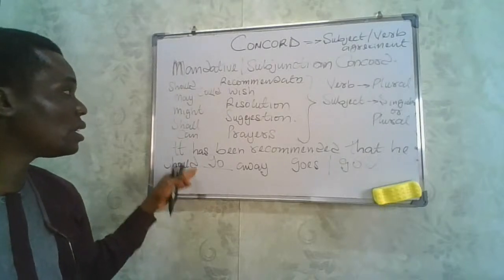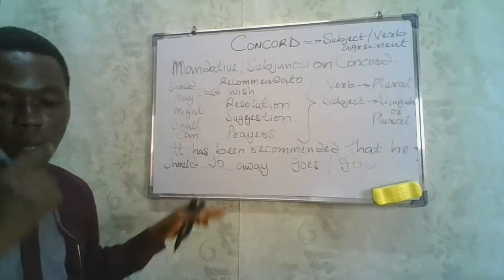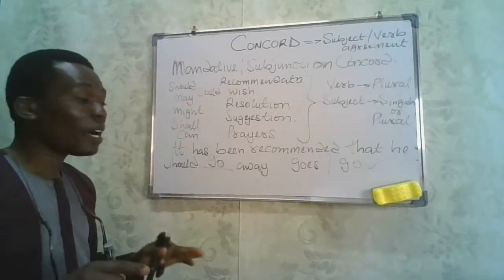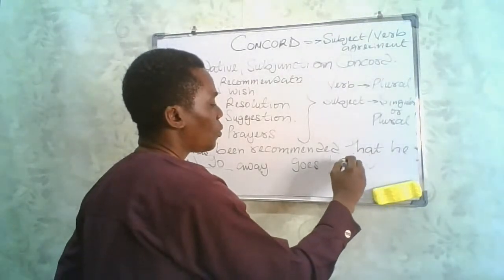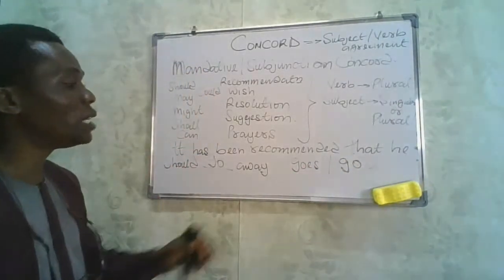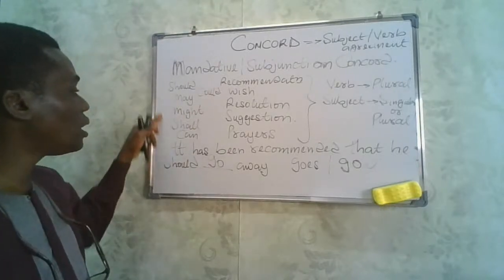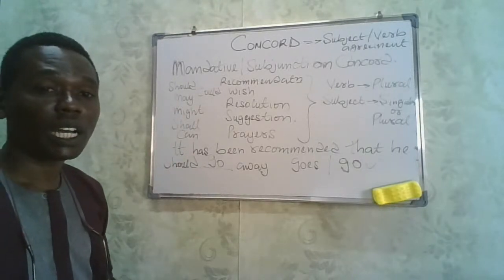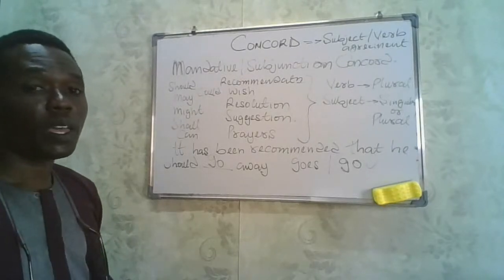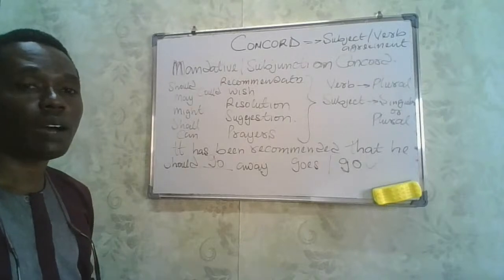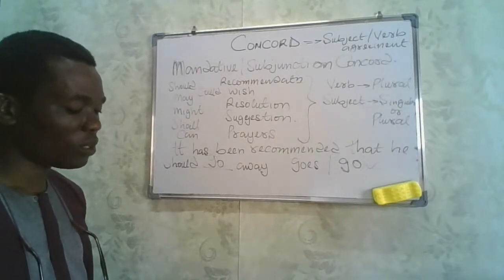The verb that follows all these modal auxiliaries should be plural. So without S, the correct option should be go. So it has been recommended that he should go. Now remember, all this is very important that you bear those things in mind. So plural verbs are verbs that do not have S behind them, just as we discussed.